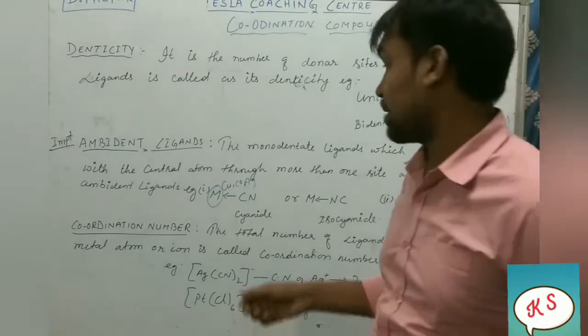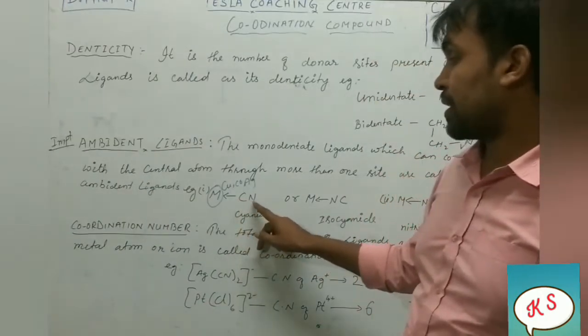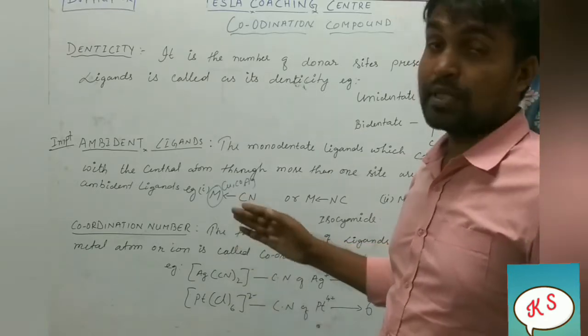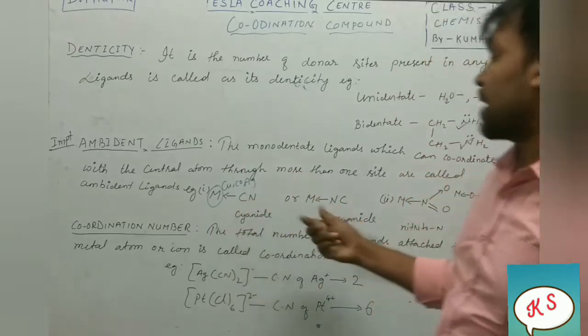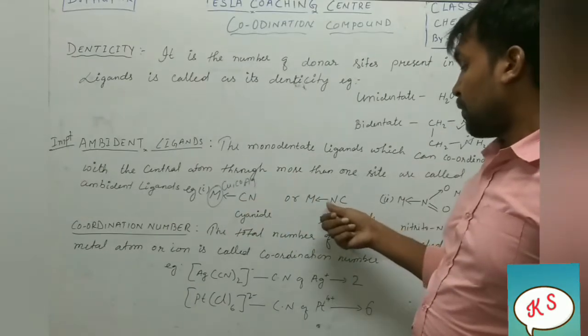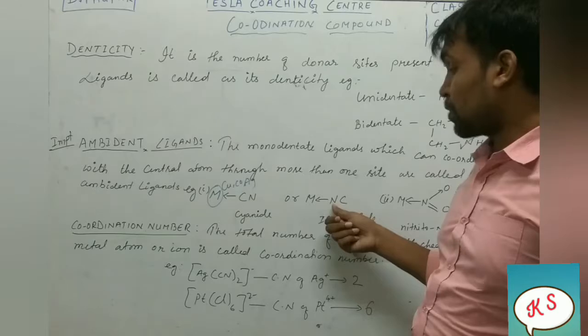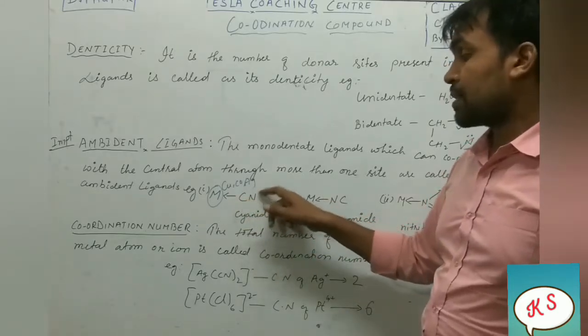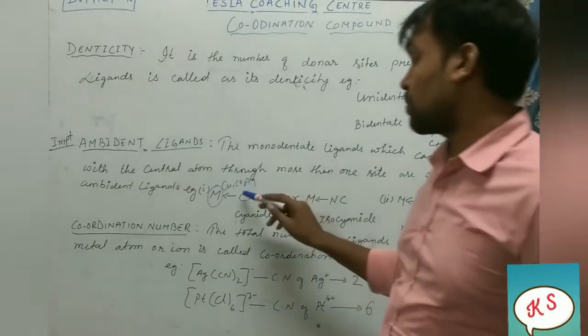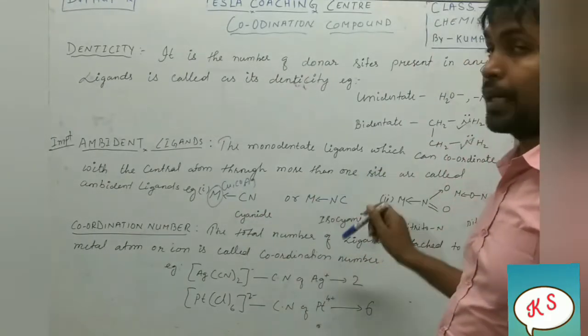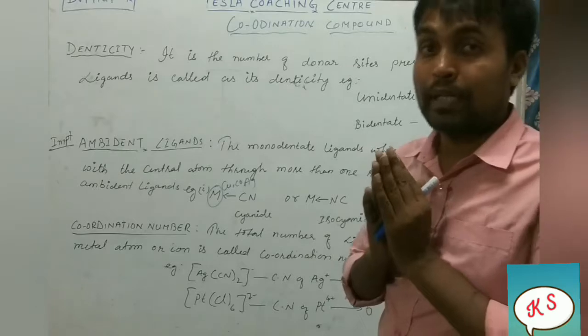So this CN cyanide is forming a coordinate bond through C. Again, the same cyanide can form a coordinate bond through N. So the same CN is capable of forming a coordinate bond through C as well as through N, but both will not happen at the same time.